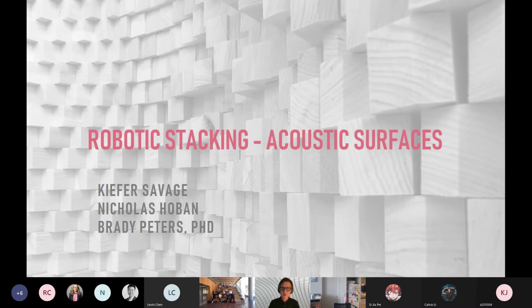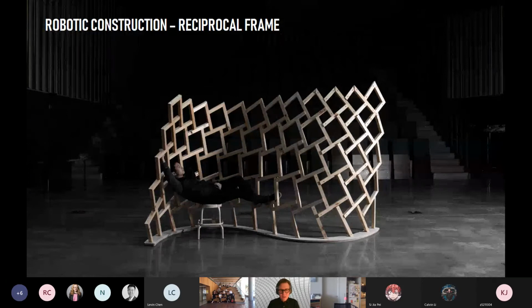And so one of my graduate students, Kiefer Savage, took this idea on and investigated this project using stacking, using the robot. His fellow student, Newton, did a project as well. The two of them, Newton and Kiefer, basically shared a lot of the technology development, scripts for the robot as well as end effectors for the robot.